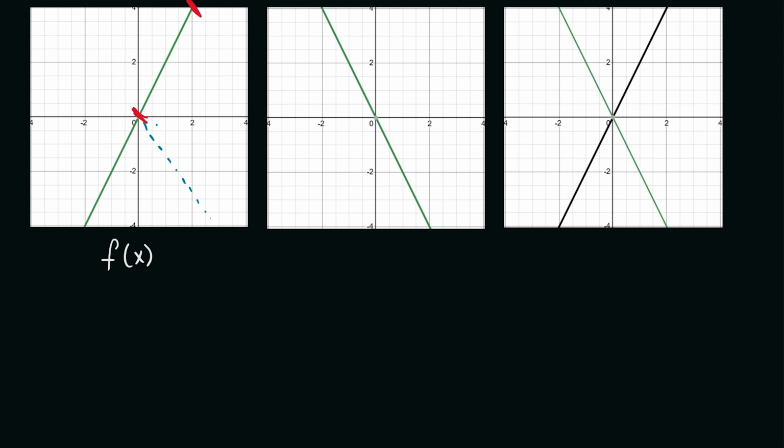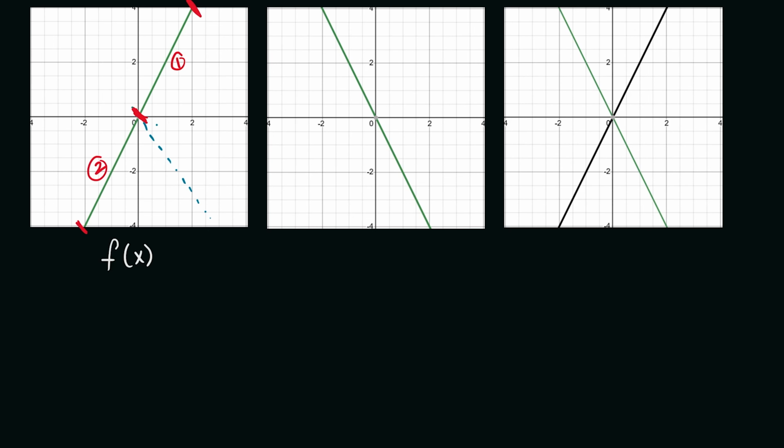And now for our second part, we're going to name this number 1. For our second part, which is on the negative area, from negative infinity to 0, we're going to reflect that over the x-axis as well. Since we're reflecting that over the x-axis, the only thing that changes is the y value.